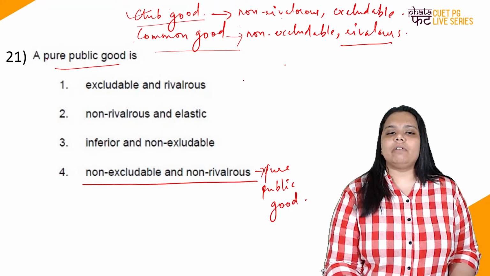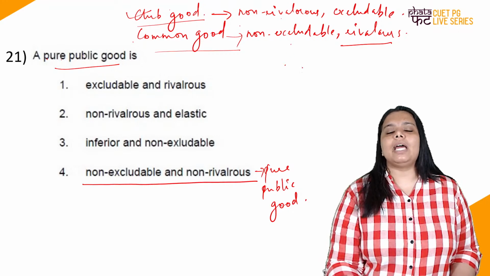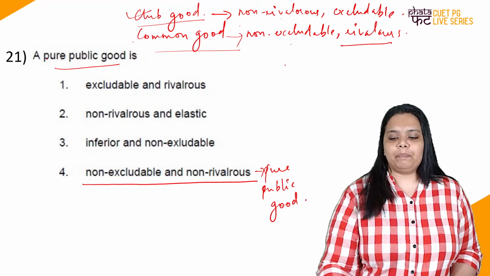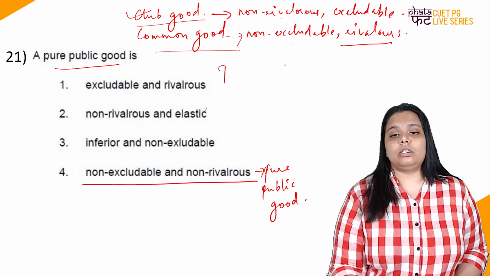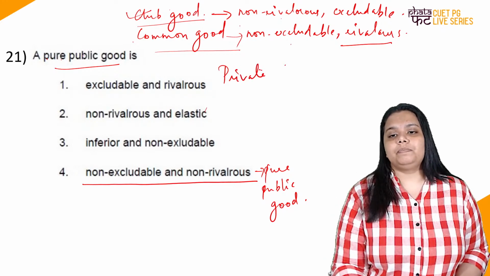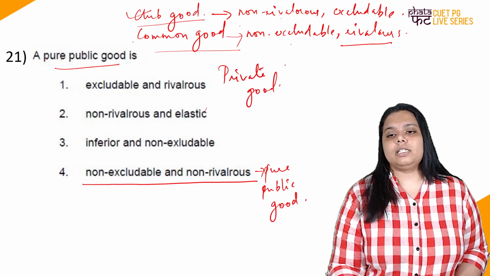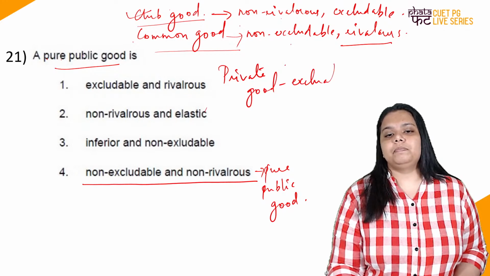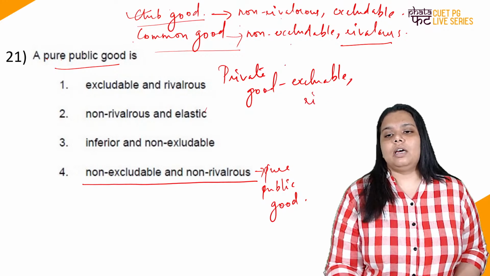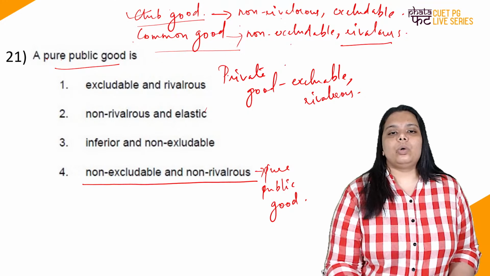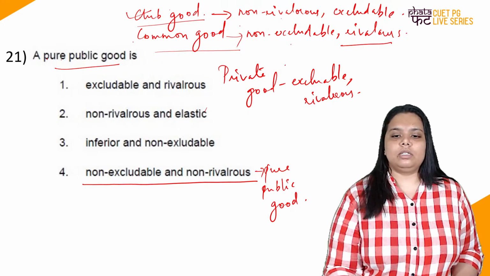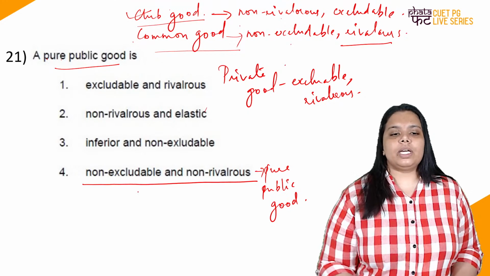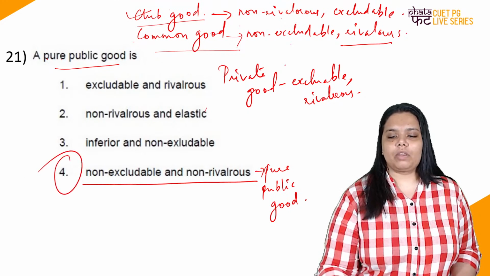Whereas a private good is excludable and rivalrous. So the third one is private good. So you can expect a question on club good, common good, private good, or public good. So here the answer is option 4.